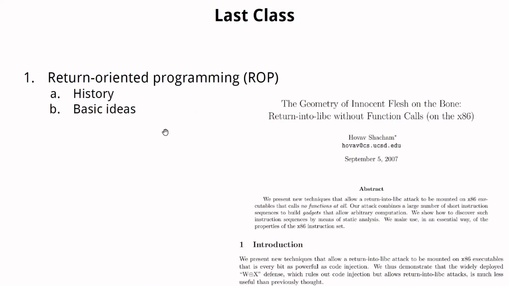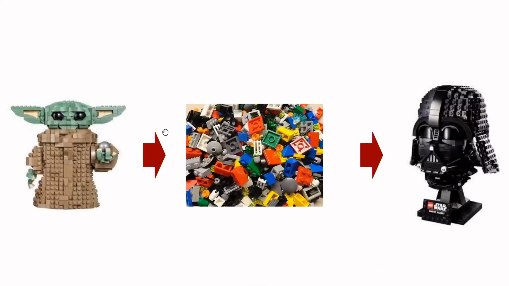So we talked about the idea of return-oriented programming, the history, the basic idea. Now we are going to do something a little bit more complicated. I hope you get the feeling of what we are doing with ROP. There is benign code generated by the compiler, like Yoda.